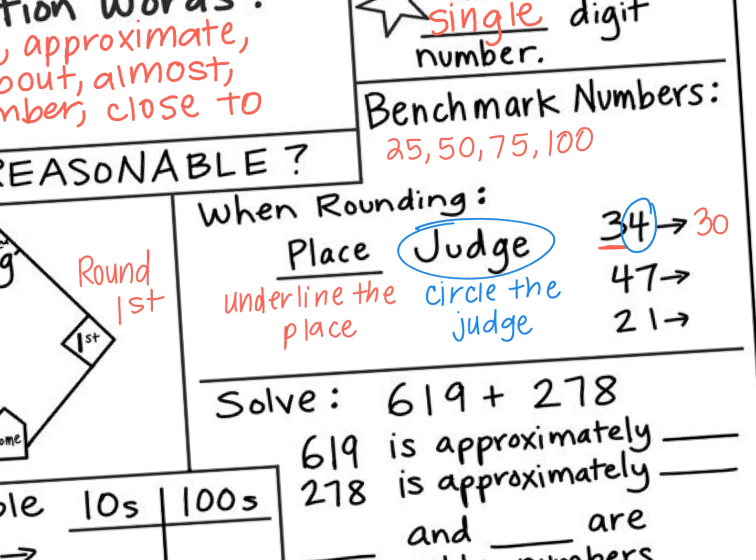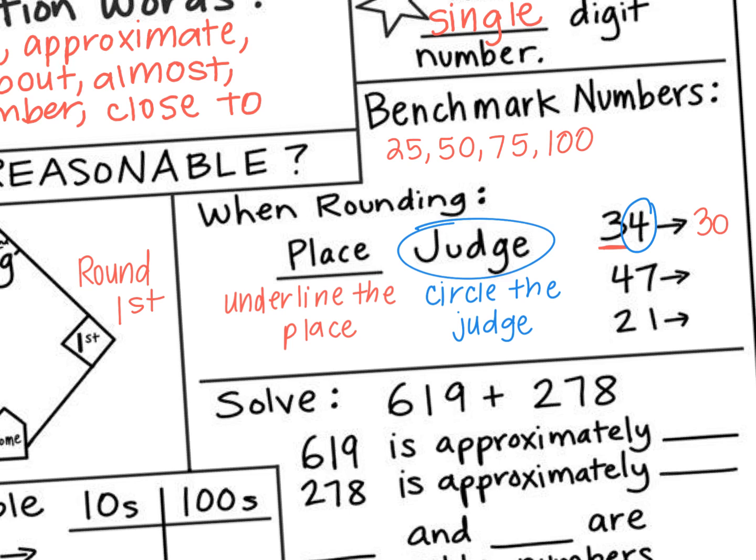4. Now, do you remember my rule? Since 4 is less than 5, what happens to the 3? What happened to it? What do you see here? It stayed, right. And then everything after becomes a 0. Okay, what about 47?